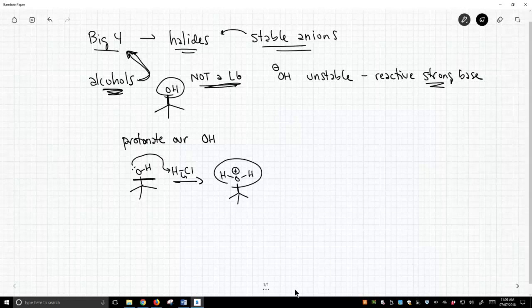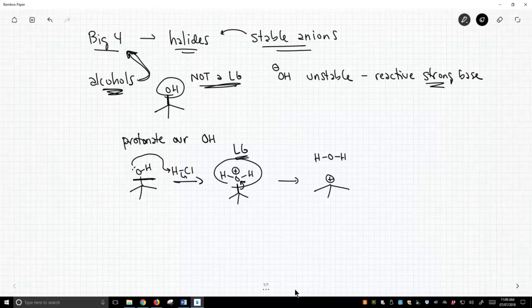And this bond, if it breaks, gives that oxygen the electrons it wants. And what does it leave as? It leaves as water, and that's about as stable a molecule as you can get as a leaving group. And what it leaves behind, in this case, is a carbocation. So the fact is, water is a fantastic leaving group.